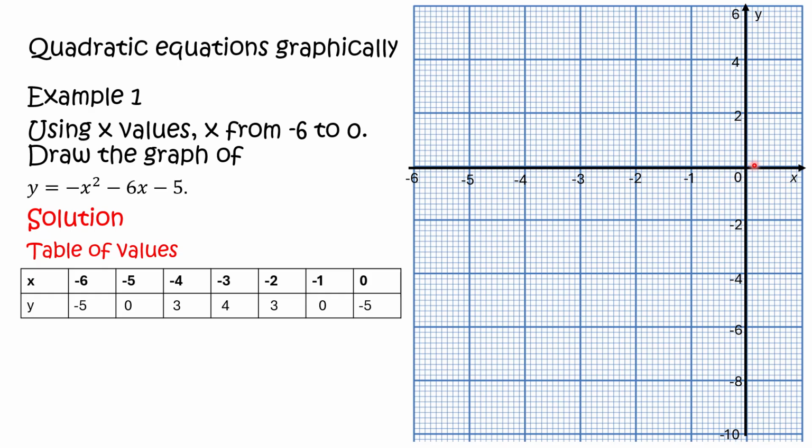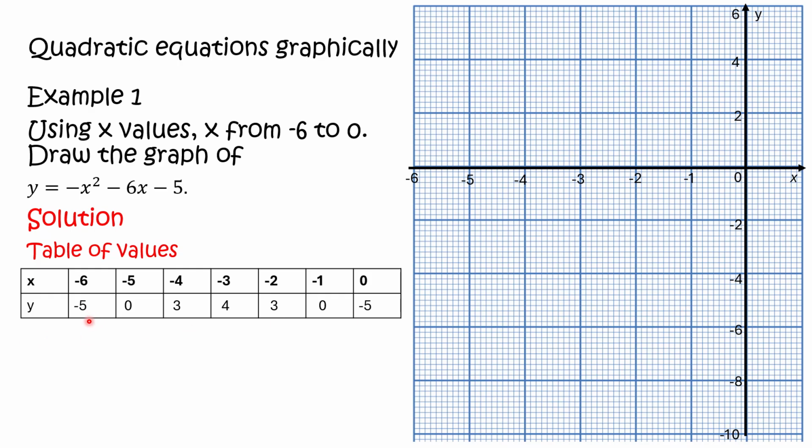I do the same thing for the y, but for the y, I'm going to make use of a different scale: 2 centimeters to represent 2 units on the y-axis. That's how I can cater for all the values from minus 5 to positive 4. That's the first thing, using the appropriate scales.